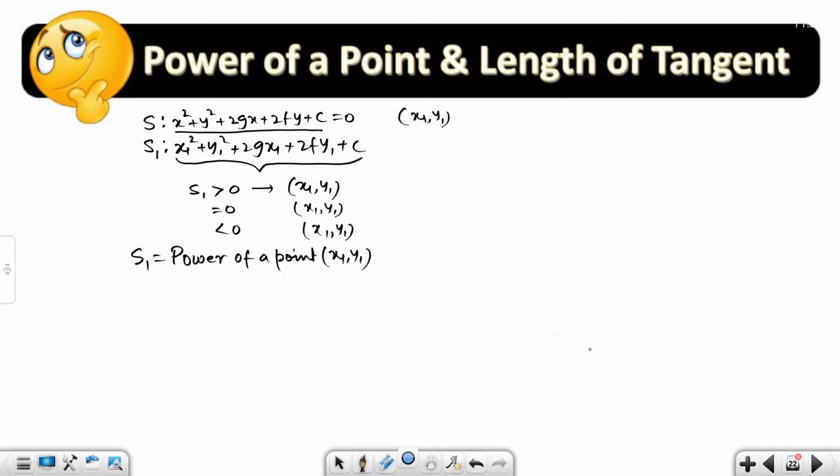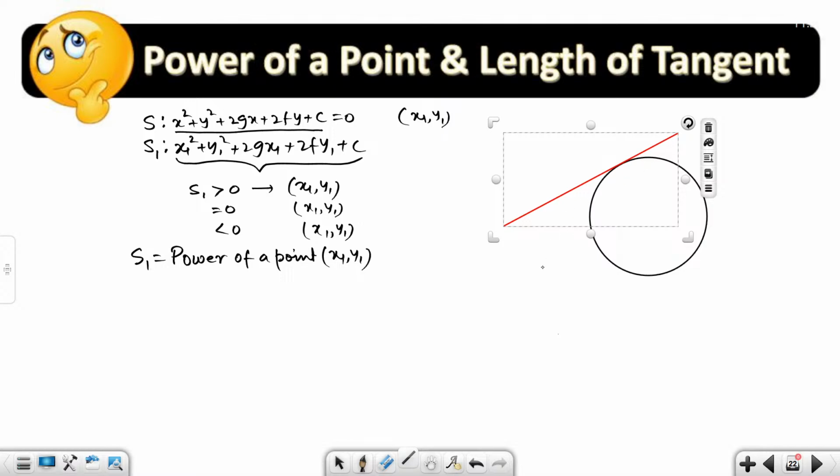So now we are going to see how to find the length of a tangent. Let me draw a tangent from a point outside the circle. Definitely the point cannot be inside the circle, because if the point is inside the circle, you cannot draw a tangent.